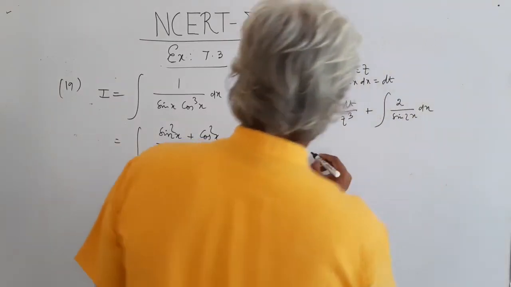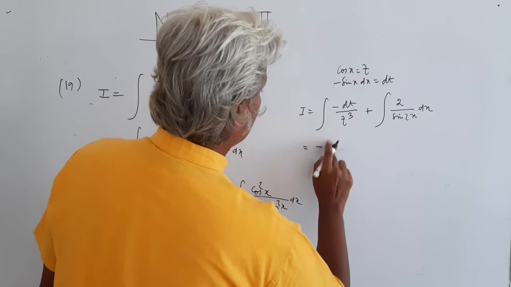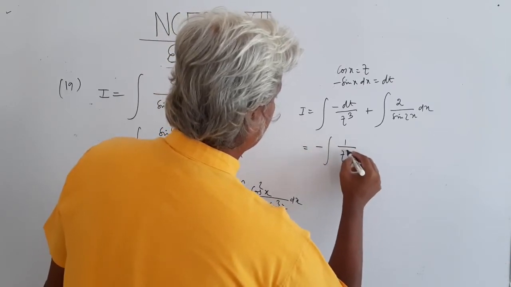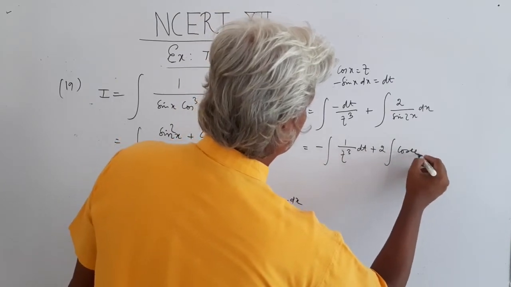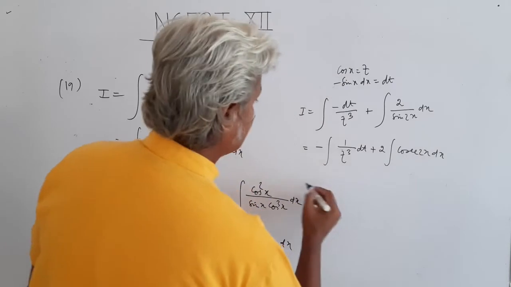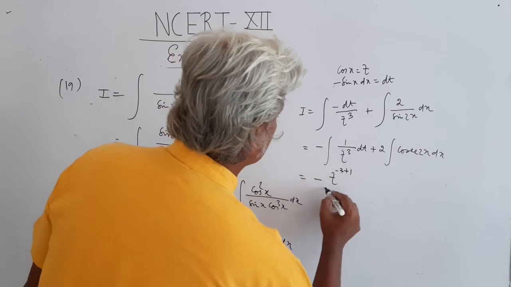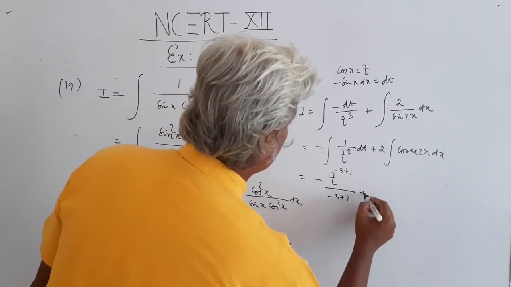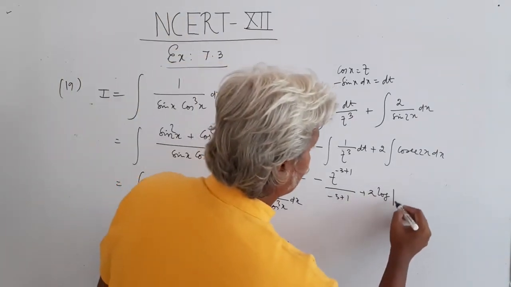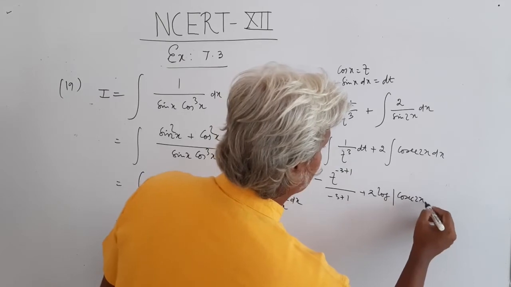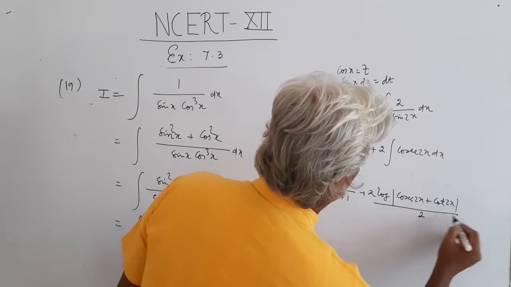So this is minus 1 over t cube dt plus 2 integration of cosec 2x dx, and this gives you minus t to the power minus 3 plus 1 upon minus 3 plus 1, plus 2, and this one gives you log mod cosec 2x plus cot 2x upon 2 plus c.